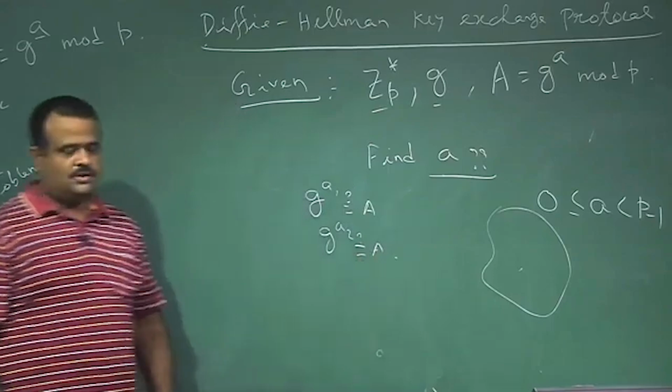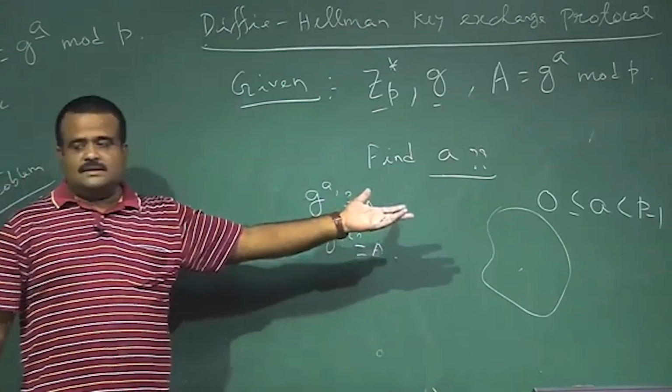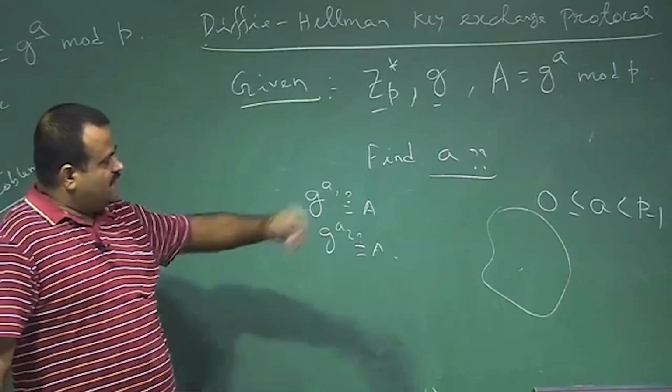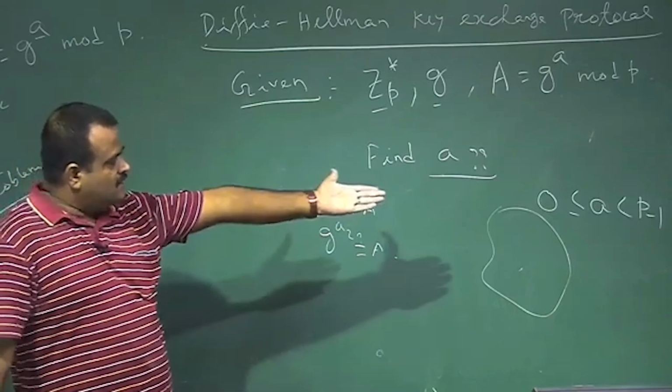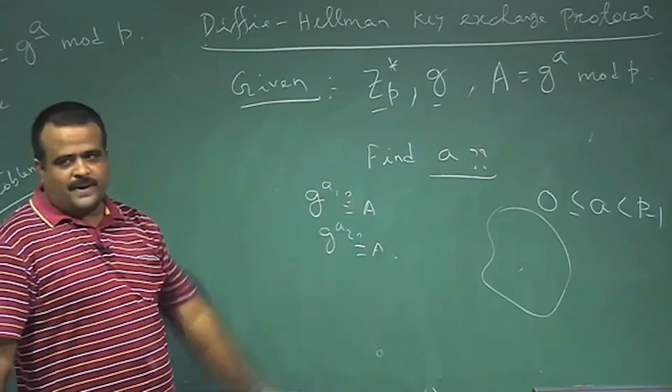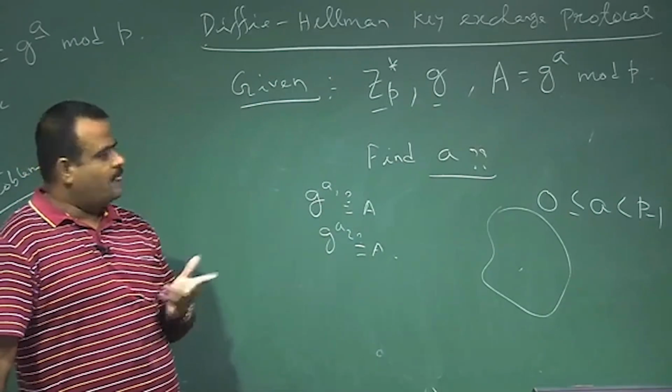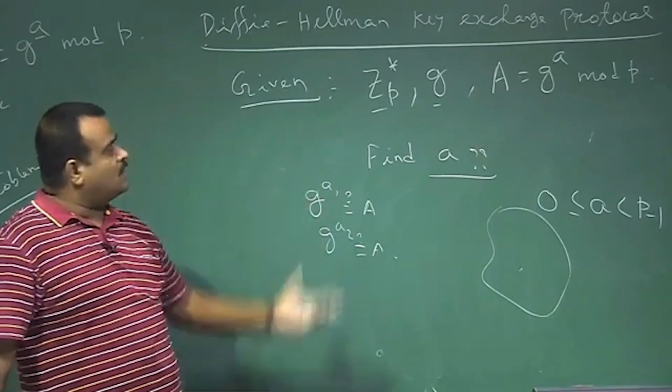This is the brute force method, but the attack time will be the size of P, the prime number. That is the reason we have to choose P to be a large prime, then this discrete log problem is hard.